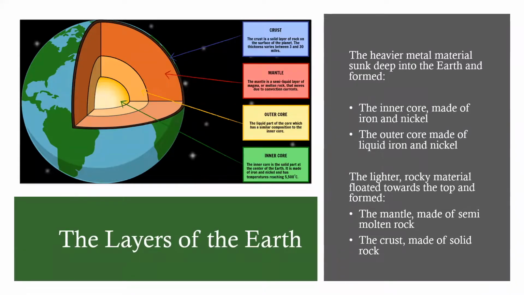So let's concentrate on the Earth for the moment. Let's look at an overview of the Earth before we go into rocks in more detail. We need to look at what the Earth is made from. Again here, the heavier materials, the metals, sunk deep into the Earth. So the inner and outer core are both made of iron and nickel, but they differ in their state, meaning that the inner core is solid and the outer core is liquid.